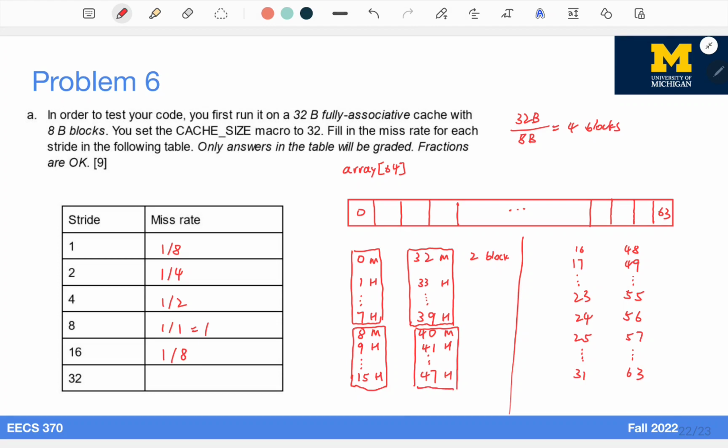Similarly for the next group, 16 and 48, we will have a first cache miss to them followed by 7 cache hits.